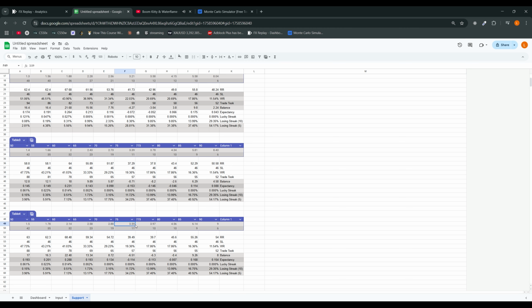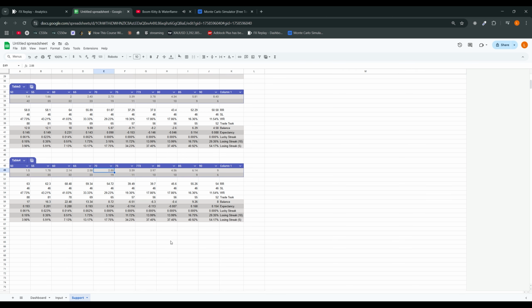If I increase my risk reward, I lose about 12% of the win rate, and I get 2.88 expectancy. That is not really a good thing.